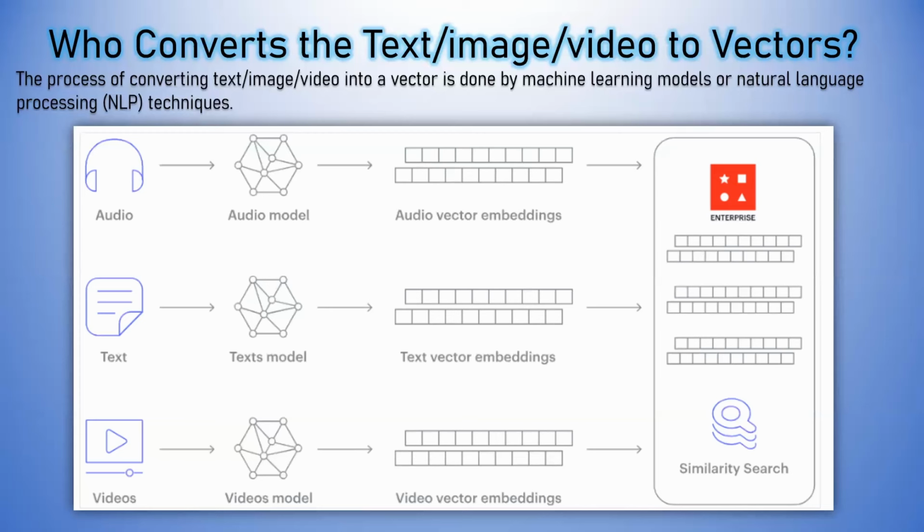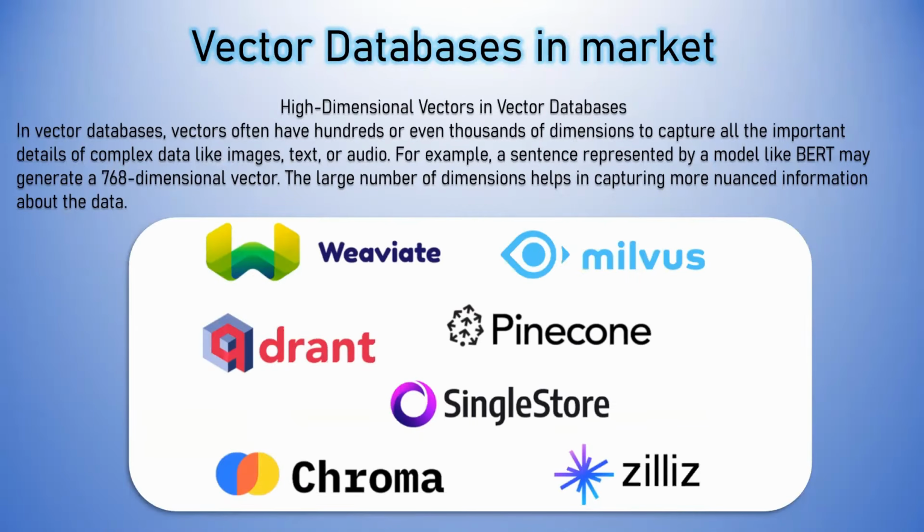Let's proceed further. Now, since you have understood what a vector is, how the embedding model works, how we save the vector and what the dimension of the vector is, and that if you have high-dimensional vectors you will have similar results, we are going to get into vector databases. Currently, in vector databases, we have multiple service providers such as Pinecone, Qdrant, or let's say Chroma, and the ones you see on the screen.